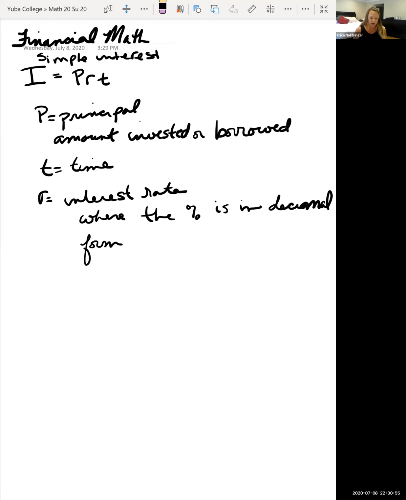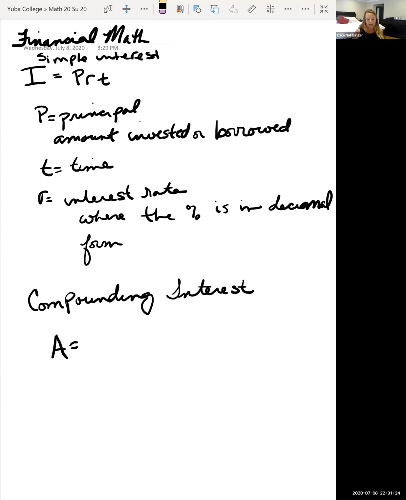Okay, compounding interest. So this is where your interest is being compounded multiple times, and maybe multiple times per year. So compounding interest, you're going to use the formula. This actually gives us the amount that you're getting back.